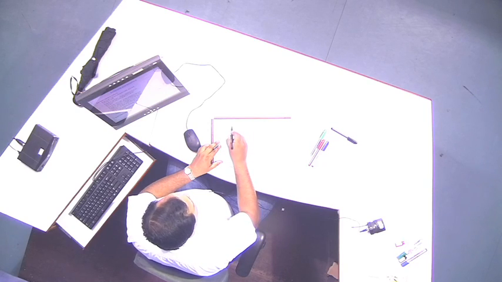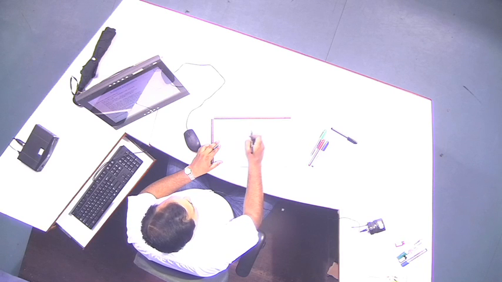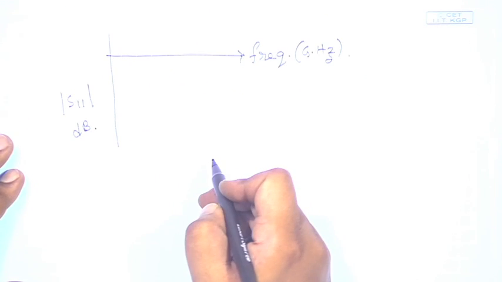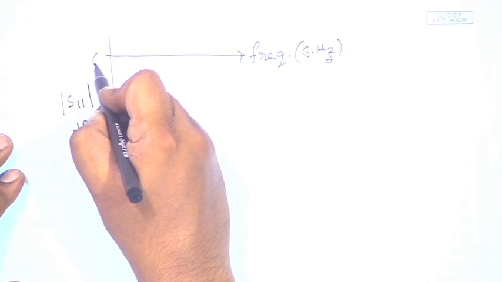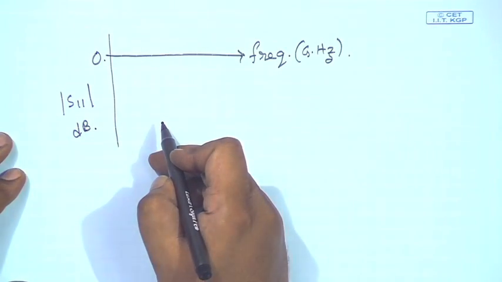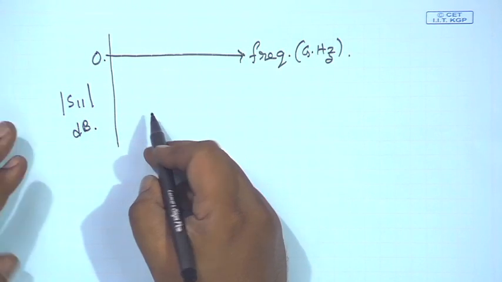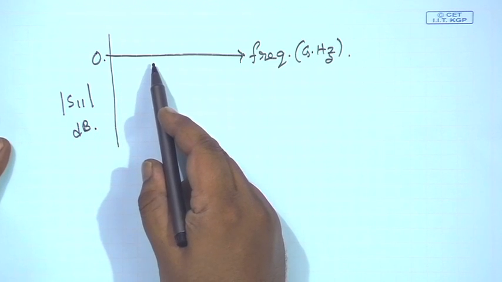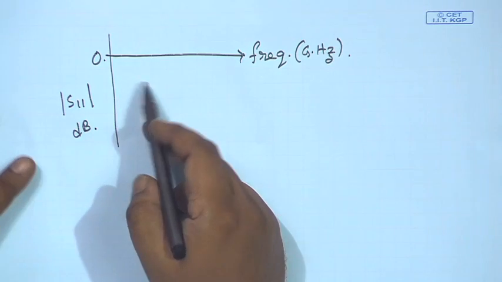Let us take one example. If I plot frequency, let us say in gigahertz, versus S11 in decibel scale: if S11 is 0 dB, that means whatever power I am feeding to the antenna is being reflected back, 100% of the power is reflected back to the source.